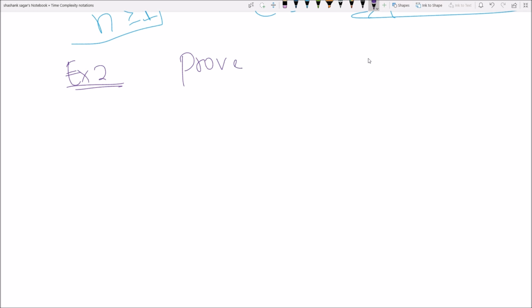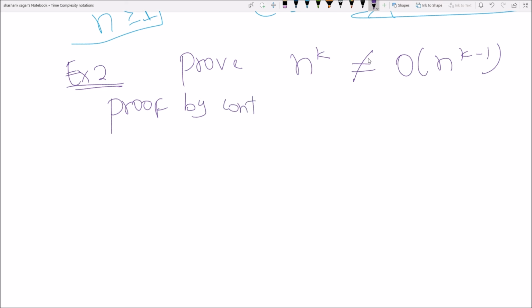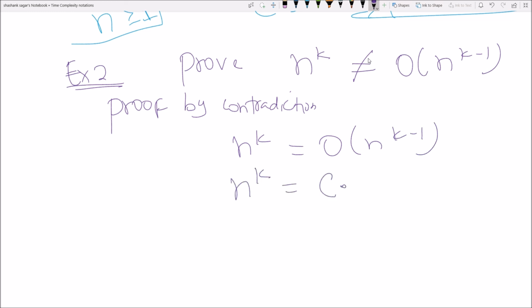Prove n to the power k is not equal to O of n to the power k minus 1. Again we are going to do it by proof by contradiction. So we are going to assume n to the power k is O of n to the power k minus 1, and if we assume it, that means n to the power k is smaller than or equal to c times n to the power k minus 1.